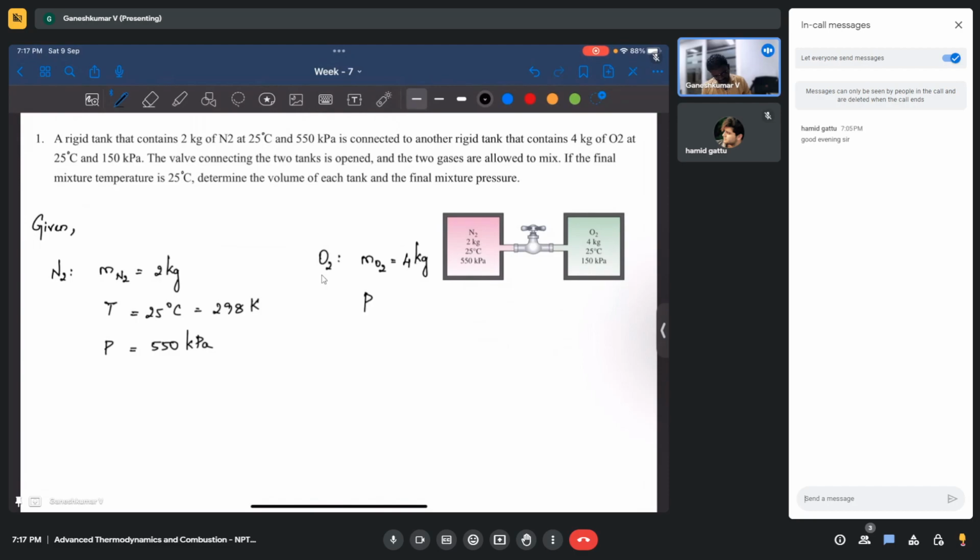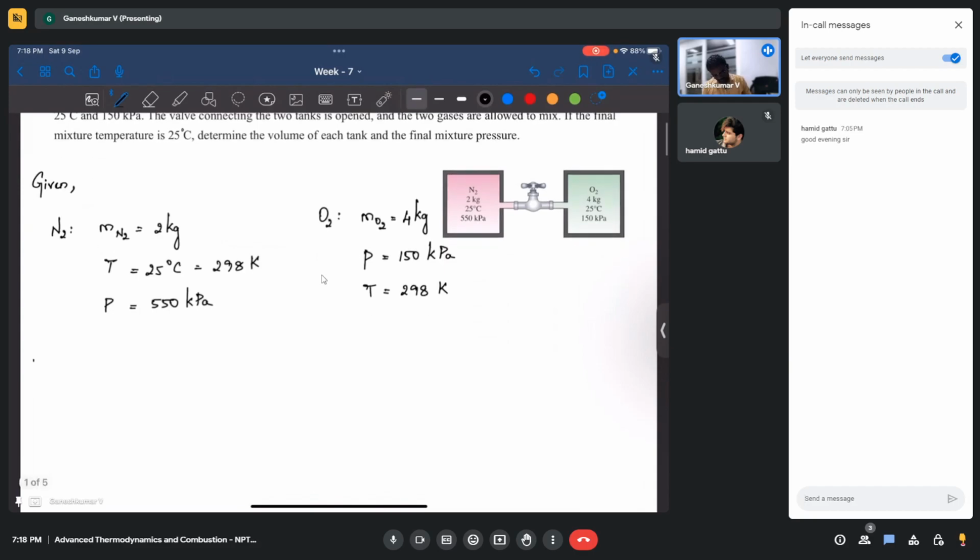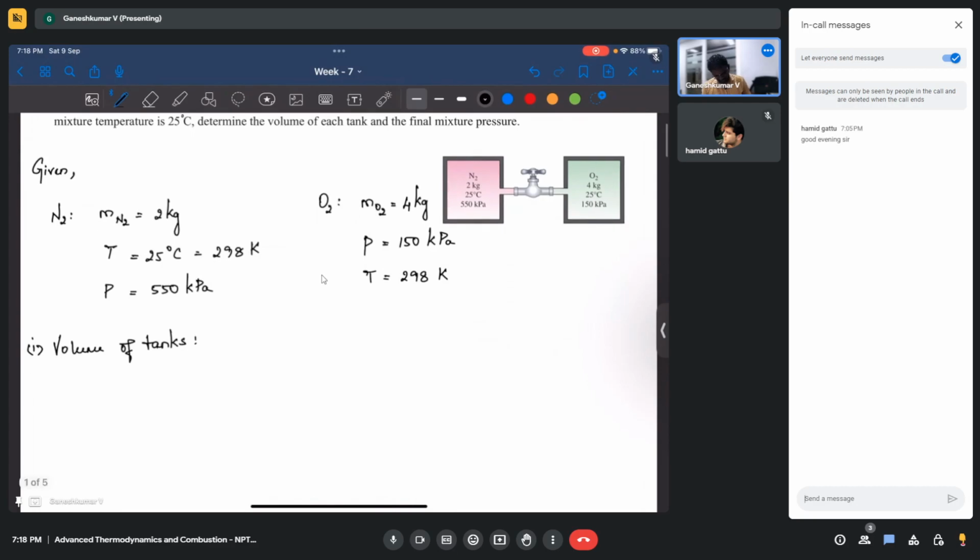Again T is the same, pressure is 150 kilopascal. For the sake of completeness, I will write this one. First is to find the volume of the tanks. Say the N2 tank.